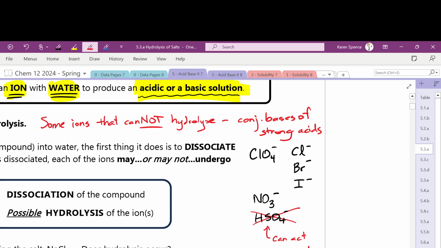We'll talk more about HSO4 later, okay? So if you're not quite understanding what's going on with that, that's okay. There's other ones as well, but these are some of them, and those are the ones that we've already looked at, okay?